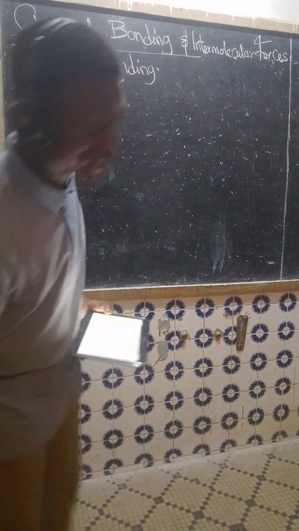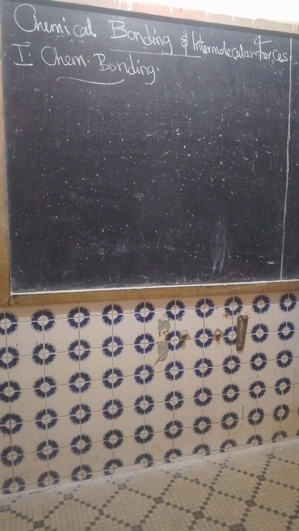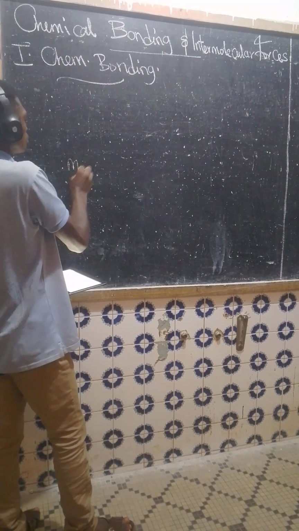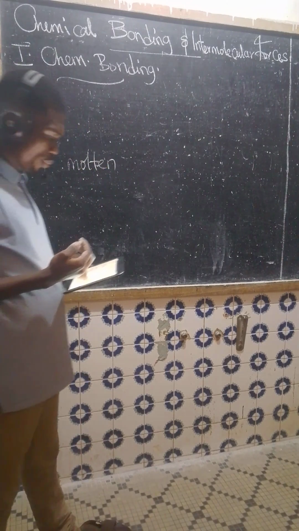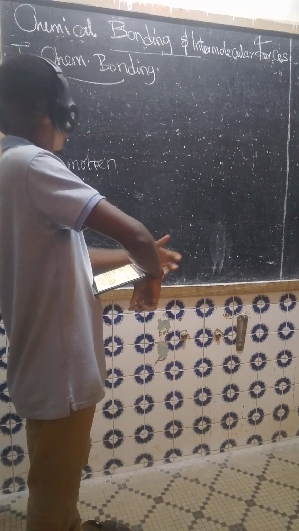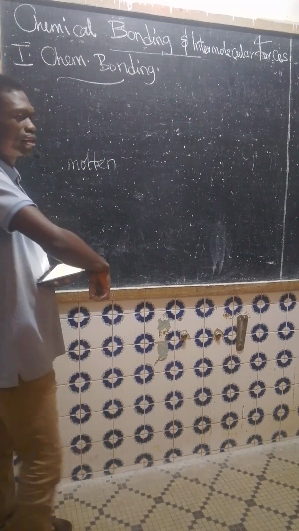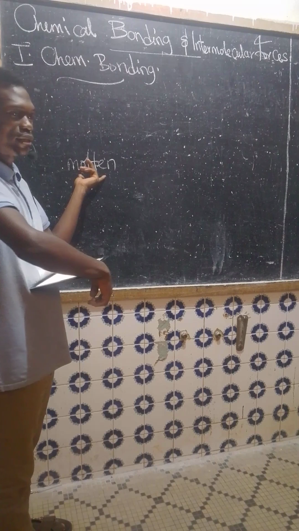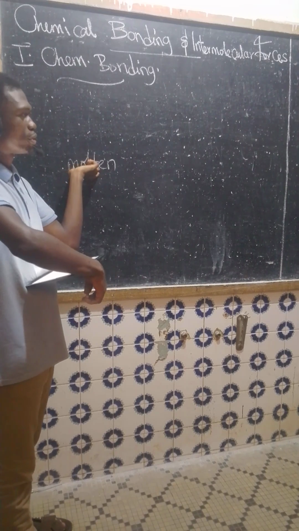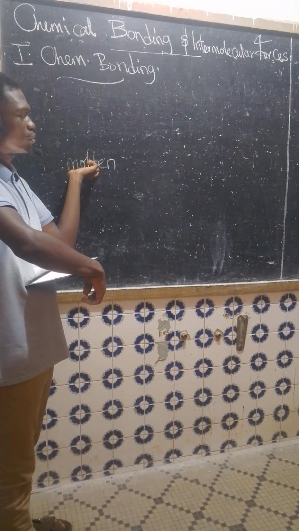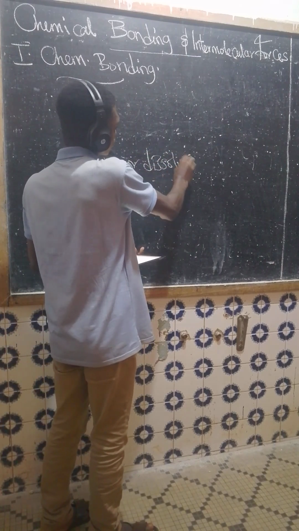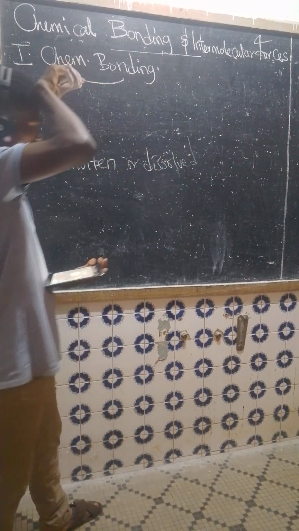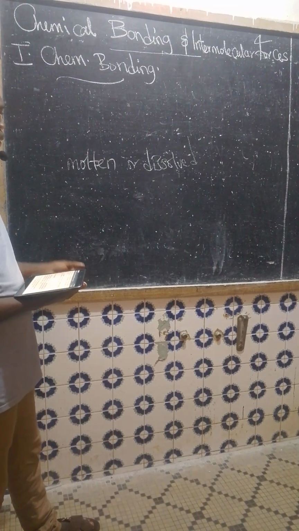Some are electrolytes. What are electrolytes? When we say something is an electrolyte, it means it can conduct electricity only when it is molten or dissolved in water.